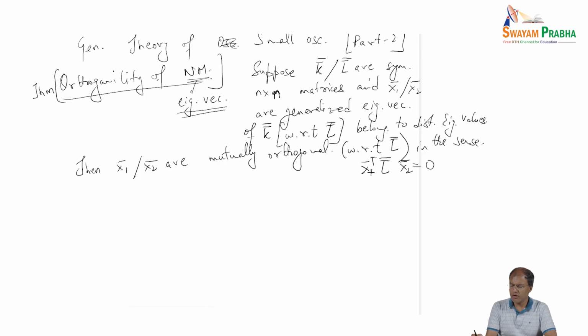So they are mutually orthogonal with respect to this matrix L, in the sense that this matrix vector product is 0. We can quickly look at the proof of this statement.